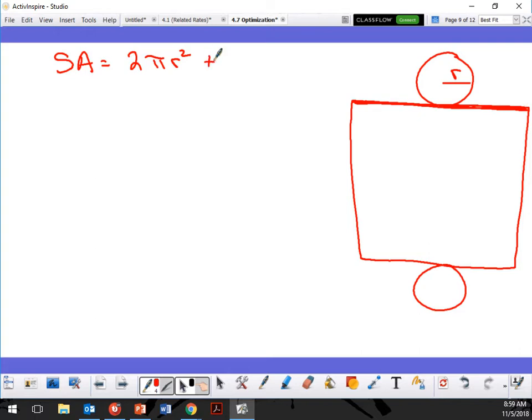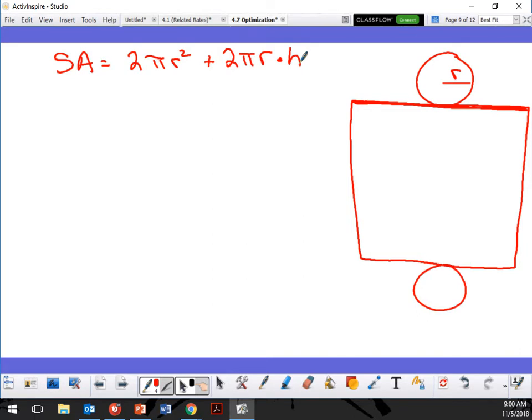This is a rectangle, so the formula for the circumference would be the distance from here to here. That would be 2 pi r, right? That's circumference times what? The height. Yes, okay, good.